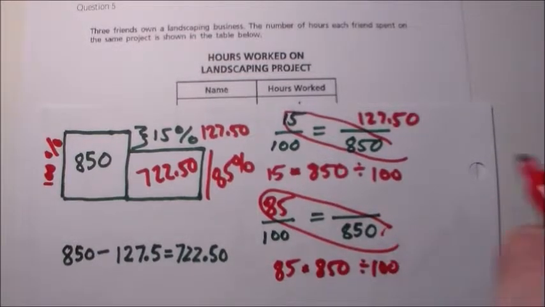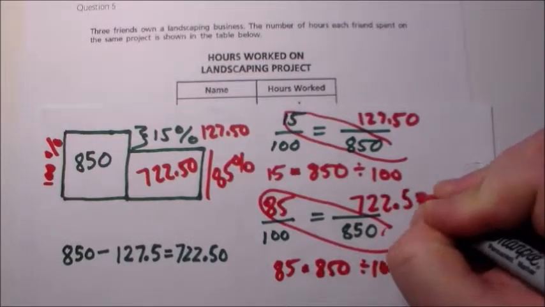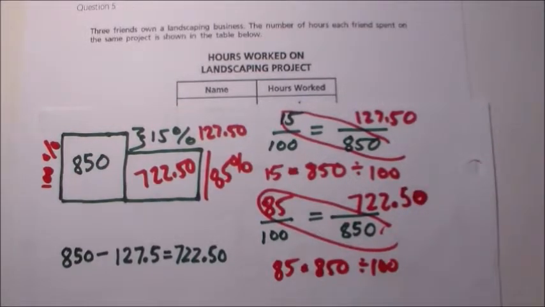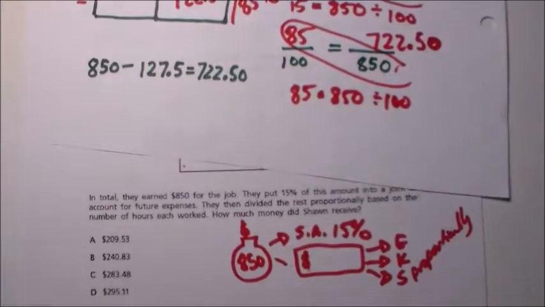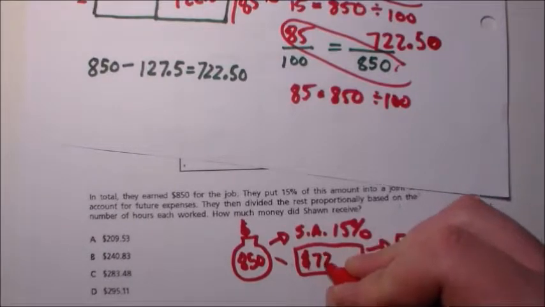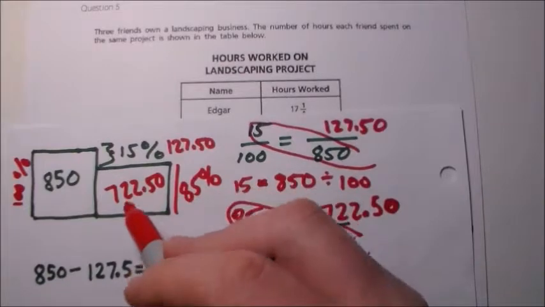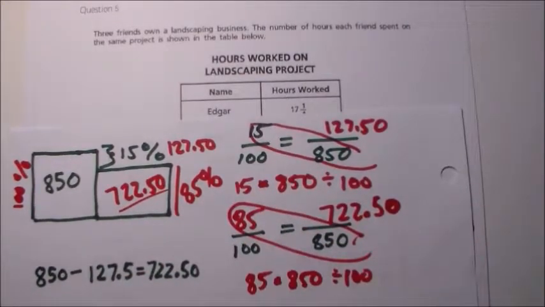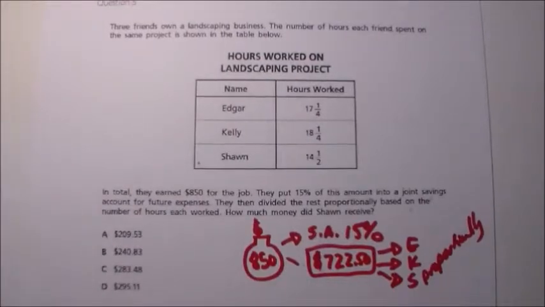And if you do that, you will surprisingly find it is exactly the same, $722.50. Either way you do it, your first step is complete. You have found that this big box of money that they're going to divide up among themselves is $722.50.